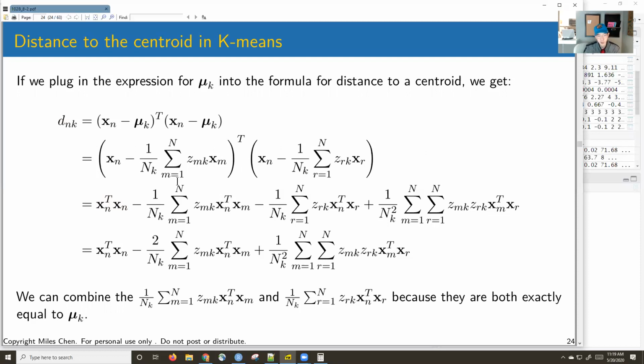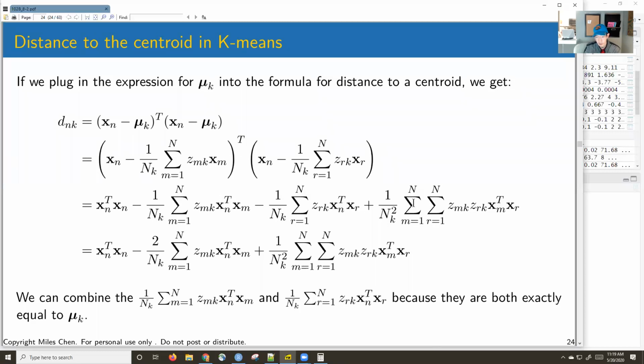The inner terms become 1 over nk, summation of zm xn transpose xm, and the outer terms become the summation 1 over nk, z r sub k xn transpose xr, plus the last terms, where I get the double sum of 1 over nk squared, double sum zmk zrk, xm transpose xr.